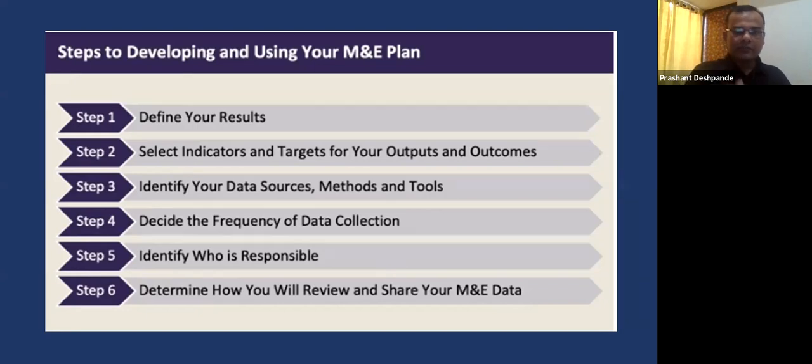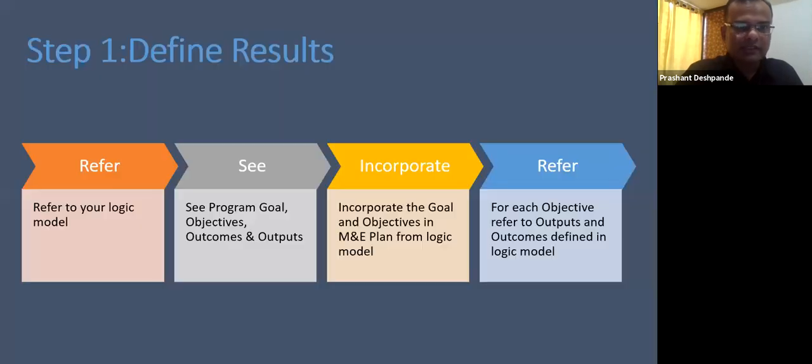So developing an M&E plan is not only developing that matrix, but again referring back to and reviewing that document. That is step 6. We'll see these steps in detail. Step 1 defines the results. Now we have to define the results in the M&E plan.